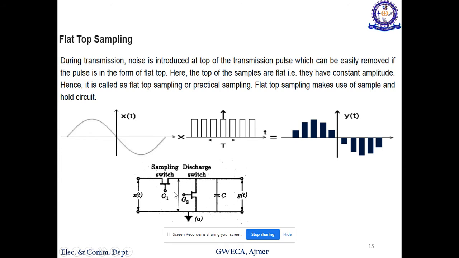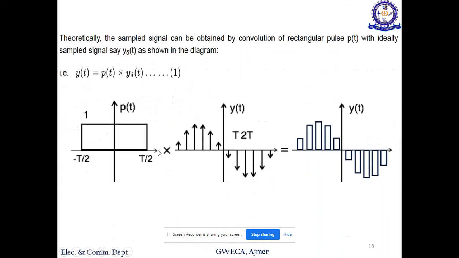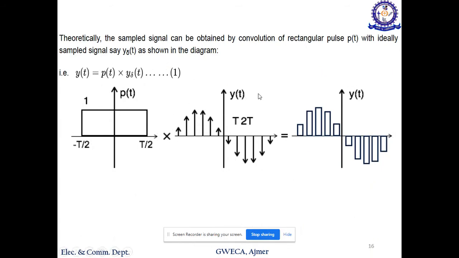This circuit is also known as the sample and hold circuit. We will also learn about a kind of sample and hold circuit in PAM signals, pulse amplitude modulation. So this was the basic working operation of the flat top sampler. You have this impulse train multiplied with this pulse train, and finally you get the sample and hold output.